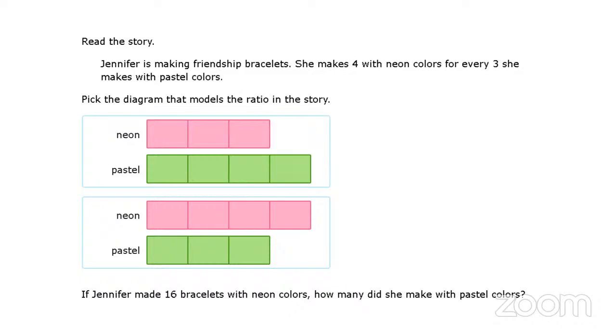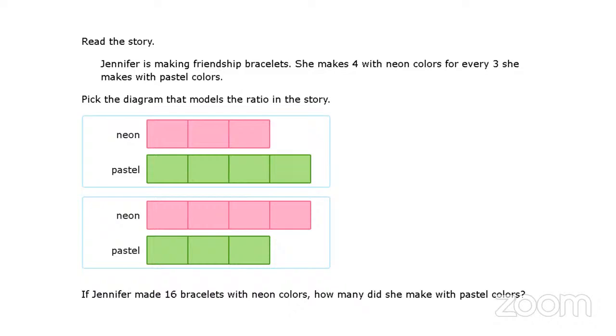All right, so I see persons saying B. Let's check out B. I'm seeing lots of persons saying we're looking at diagram B or diagram 2. And I see Kevin Nee saying 3 to 4 and 4 to 3.